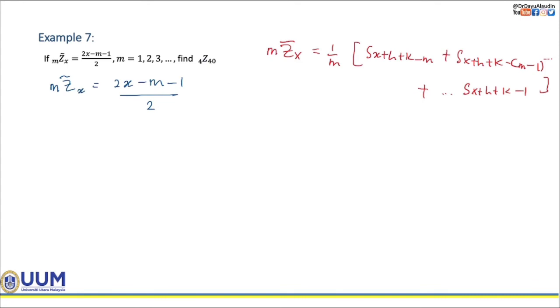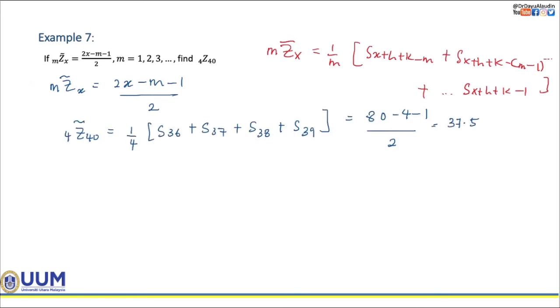So the equation given to find mZ_x is this one. Therefore, we can substitute in the formula and using this one is equal to 37.5. Therefore, the total in the bracket is equal to 150. 4 times 37.5, we get 150.